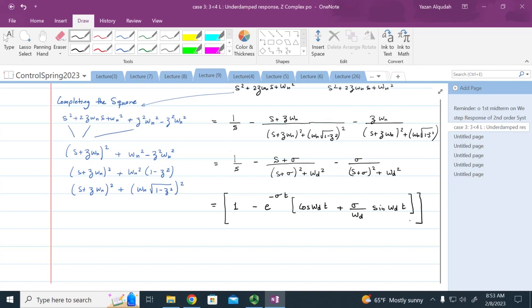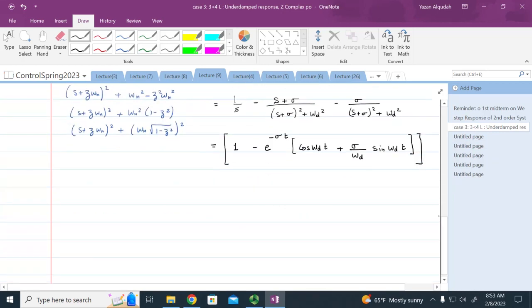Together? So using the tables, we can get the inverse Laplace of the expression, which is given by the expression that we have here.